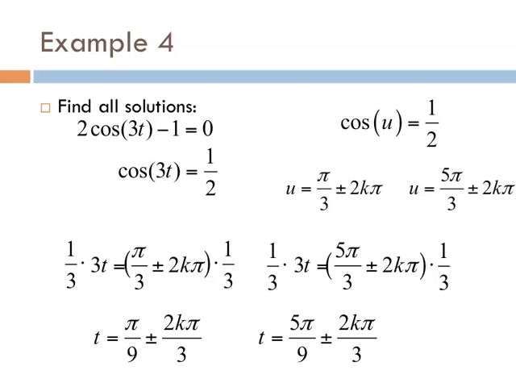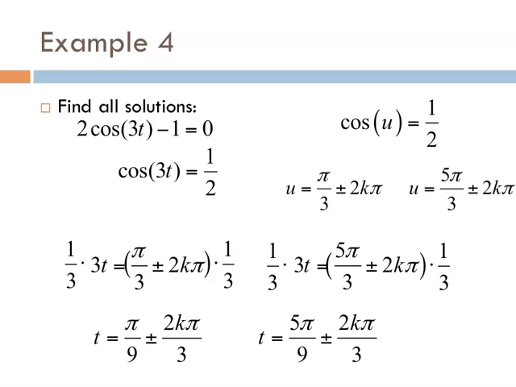And you want to continue, so let k equal 2, so you would be adding 4 pi over 3 to pi over 9. Now 4 pi over 3 with the same denominator would be 12 pi over 9, so 12 pi over 9 plus pi over 9, that's 13 pi over 9, which is still less than 2 pi.